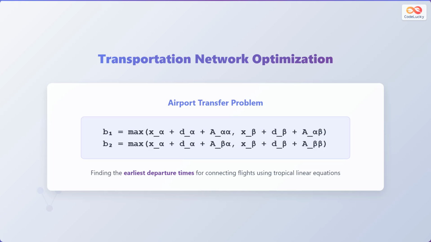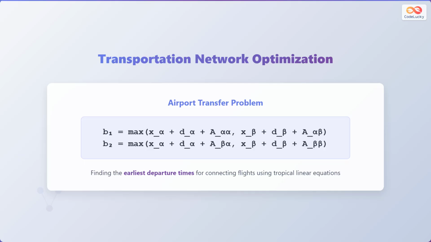One significant application of tropical geometry is in transportation network optimization. Consider the airport transfer problem. The earliest departure times for connecting flights can be determined using tropical linear equations.